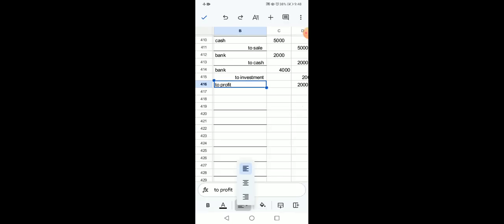You may write this transaction like this, or you may write just bank to investment as well. In this way your investment is going out for 2000 while you are getting 4000 out of it due to sale. It means 2000 you are earning as your profit.